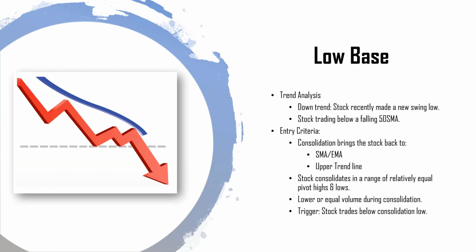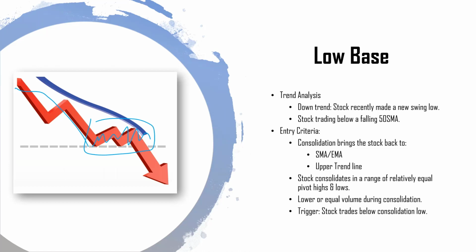Right now, the very first one is a low base. And remember that the low base portion is just this part right here. So trend analysis, it is trending down. It's made a recent swing low, so there'll be this part, bam, right here. And now we're in the low base, we're consolidating.